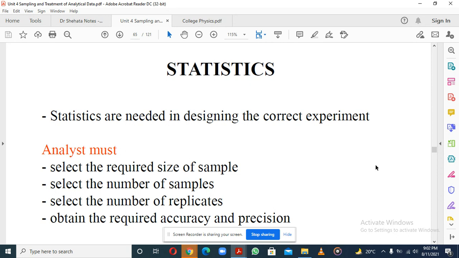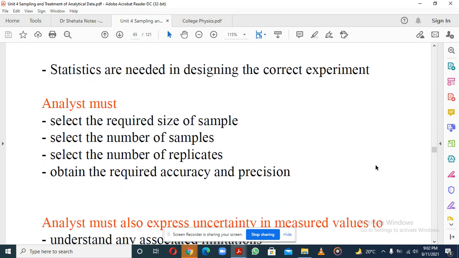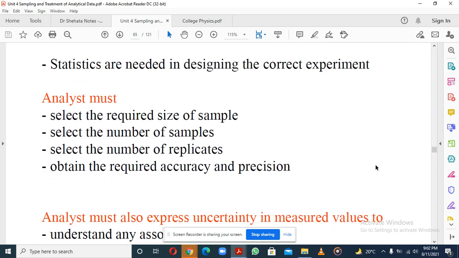So, what should the analyst know? First of all, like we said last time, you need to know the required size of the sample and then select the number of samples.